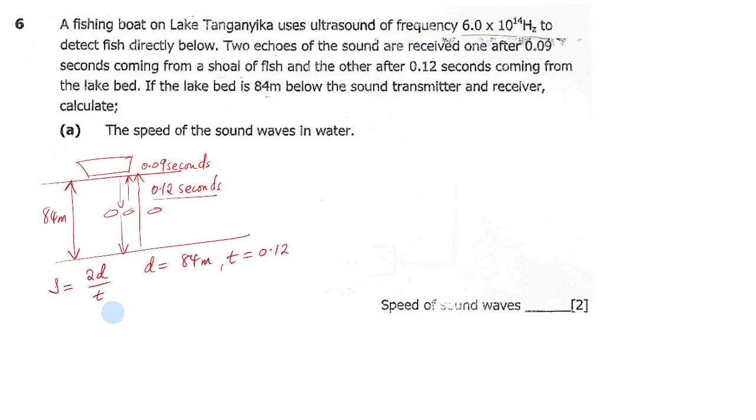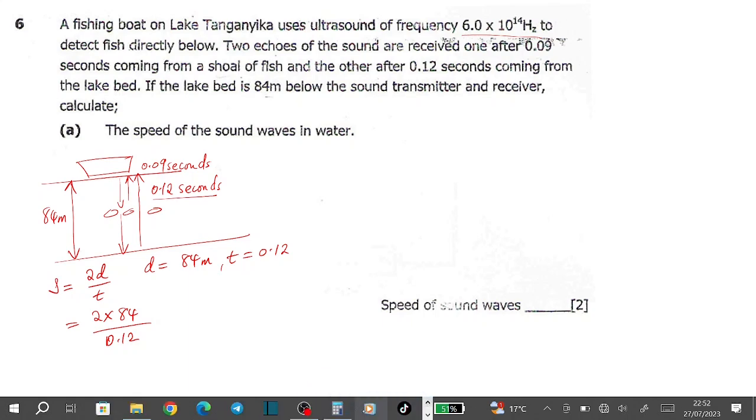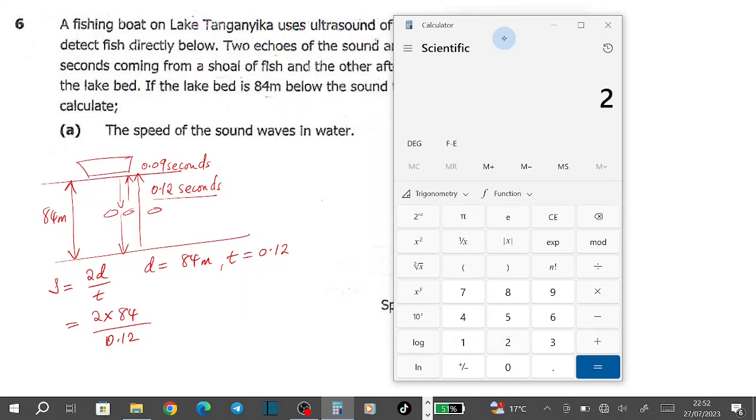So the time is going to be 0.12. Speed equals 2 times this distance 84 over this time 0.12. Let's see. 2 times 84 divided by 0.12, which is 1400 meters per second.